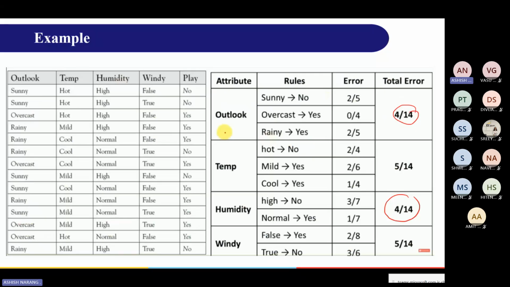In that case, we'll have to choose the one in which there is a pure partition. If you are seeing some zero error in any of these two, pick up that. This is giving you a better split, a leaf node that you need not further expand, and need not write further rules.